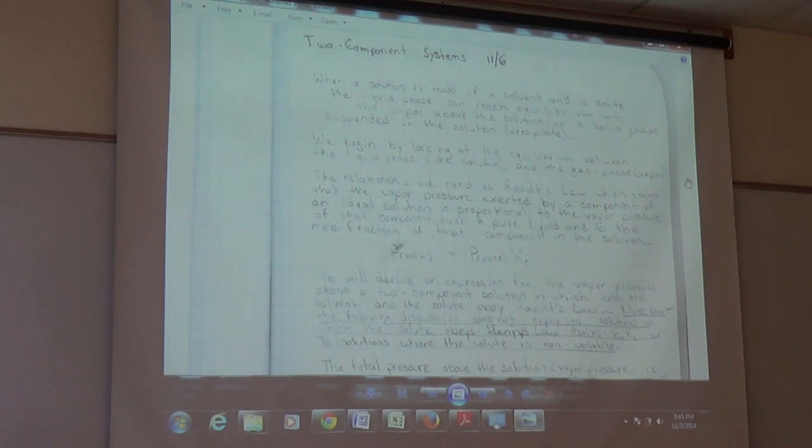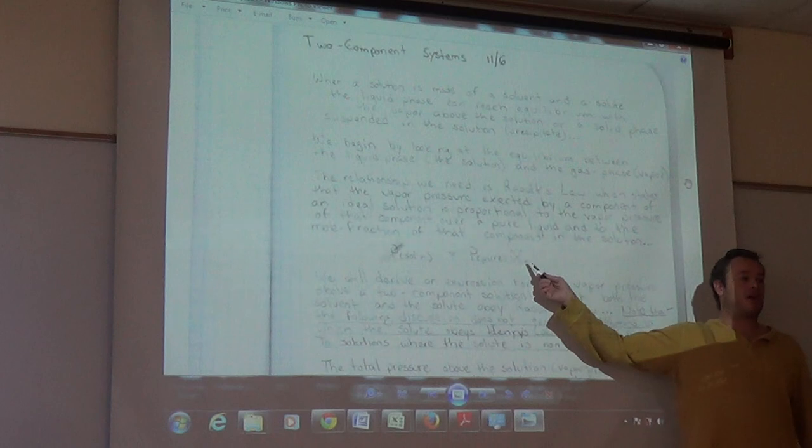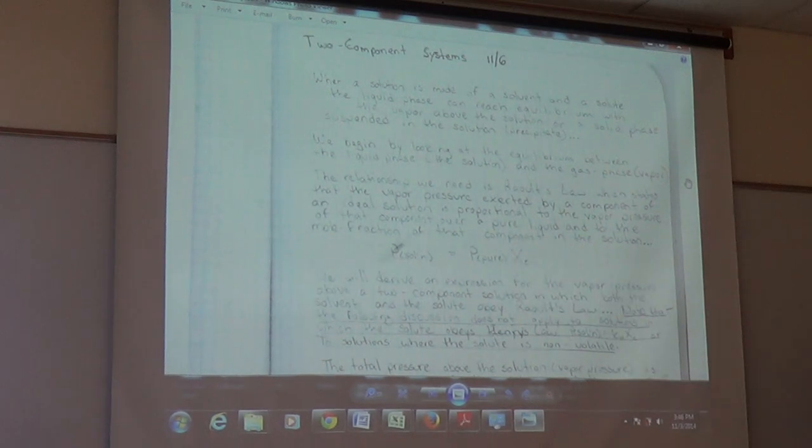Raoult's law says the pressure of the component in the solution is equal to the pressure it has when it's the pure component times its mole fraction in the solution. So the pressure of either component in the vapor above the liquid is proportional to its pressure as a pure substance times its mole fraction.